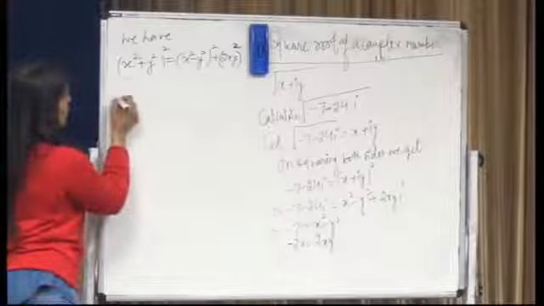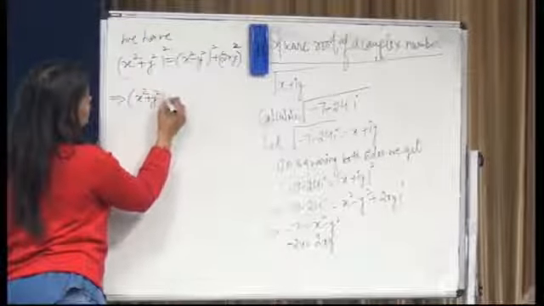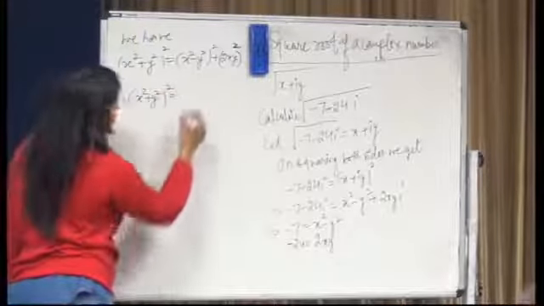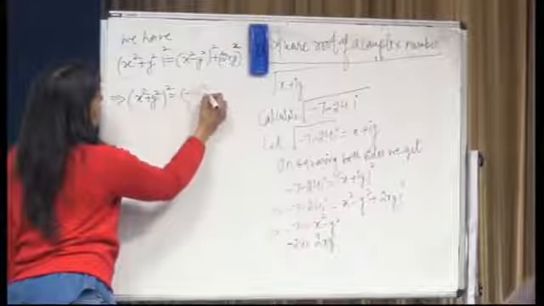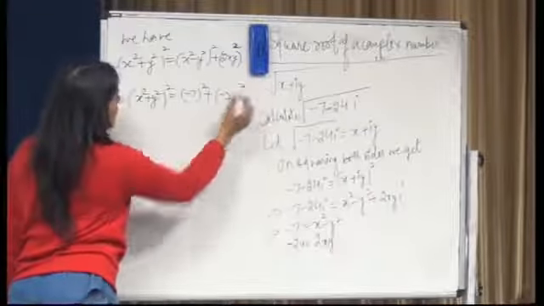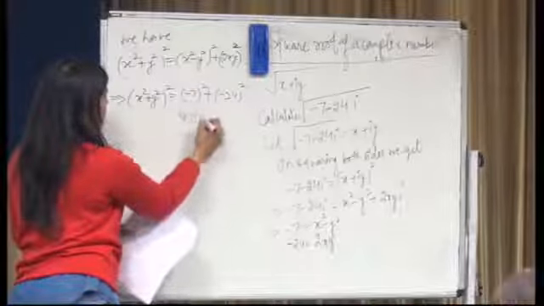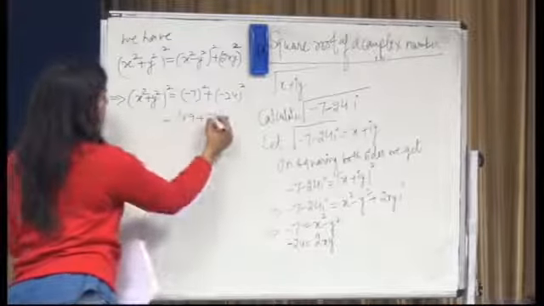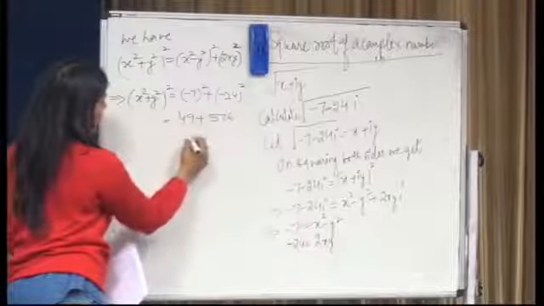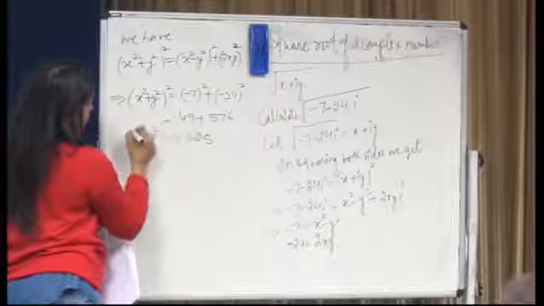Put the values. So this implies x square plus y square whole square will be minus 7 whole square plus, quickly calculate it, 24 whole square. It will be 49 plus 576, ultimately 625.